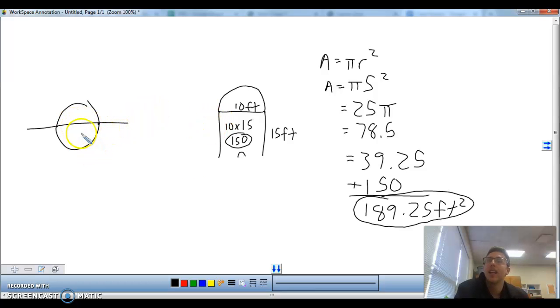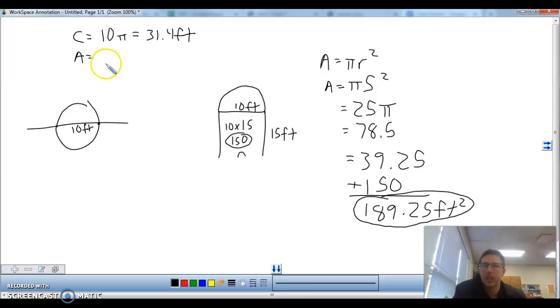Okay, so this other one, now we have a full circle, and it's 10 feet across still. So the whole diameter is 10 feet. Well, let's go ahead and find circumference and area of it. Circumference is diameter times pi, so 10 pi, which if you use 3.14, that'd be 31.4 feet all the way around the half-court circle.